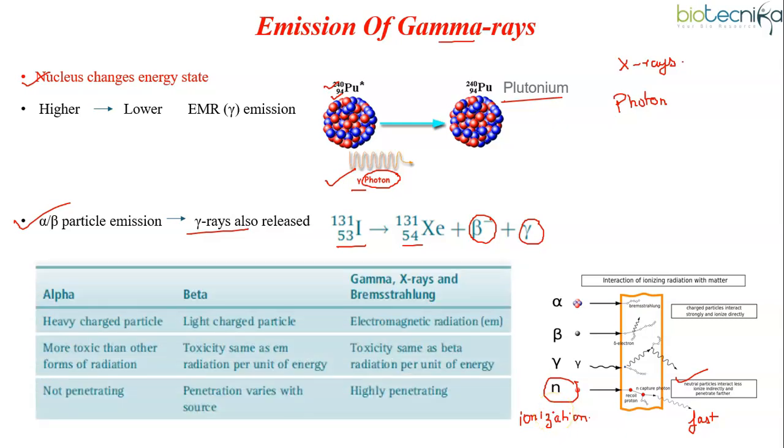If we compare alpha, beta and gamma particles, alpha particles are a strongly ionizing form of radiation. But when emitted by radioactive decay, they have low penetration power and can be absorbed by a few centimeters of air or by the top layer of human skin. Beta particles are less penetrating than gamma radiation but more penetrating than alpha particles.